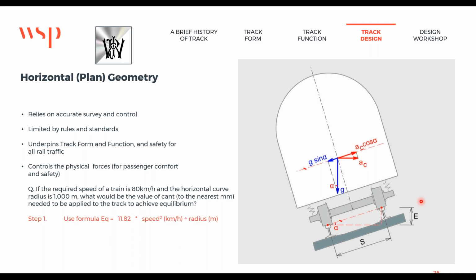Now, remember the formula? 11.82 speed squared divided by the radius. Step 2, there it is there, 11.82, 80 squared divided by 1,000. EQ is 76 millimeters.